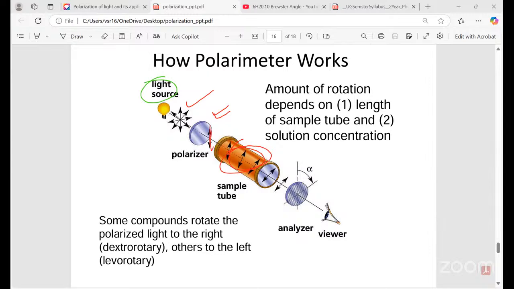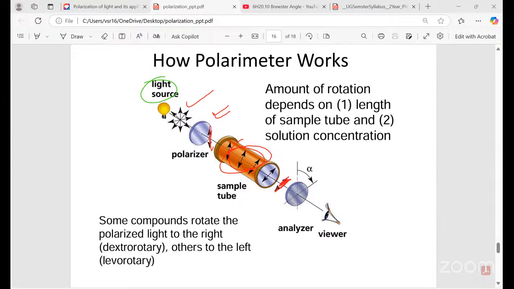When the unpolarized light passes through a polarizer, you get vertical light. Again, when it passes through a sample tube with a sugar solution, the orientation of the vertically polarized light becomes horizontal. Did you see that? It emerges like a horizontal.